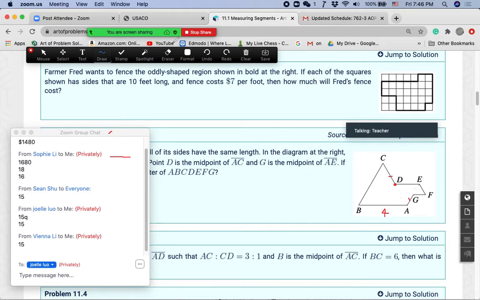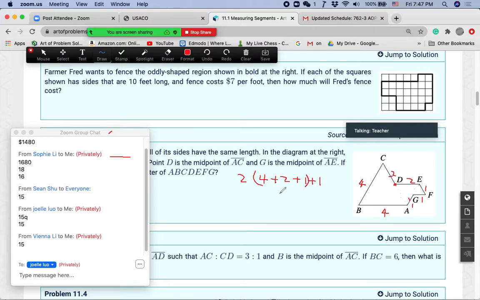See, now this one will be 4, this one will be 2, this also 2, then this 1, 1, 1, right? So then you add 4 plus 2 plus 1, then plus 1, then this one times 2, then plus another one.